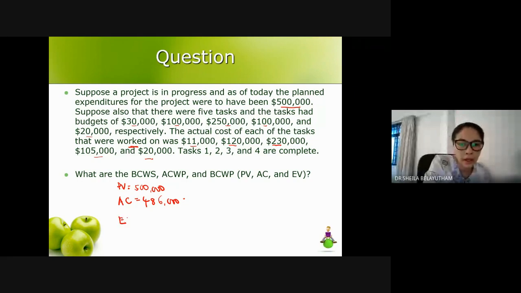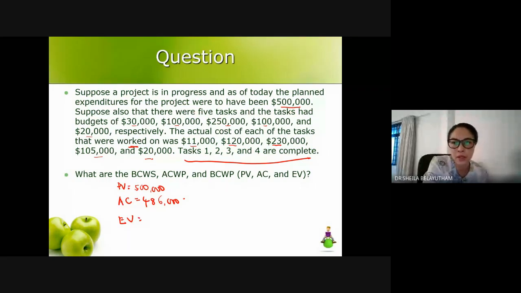And your earned value shows you the budgeted cost for the work that you have performed. So we have to see where the progress is. The progress shows that task 1, task 2, task 3 and task 4 are complete and task 5 is not yet complete. So we need to know the budgeted costs for task 1 to task 4.